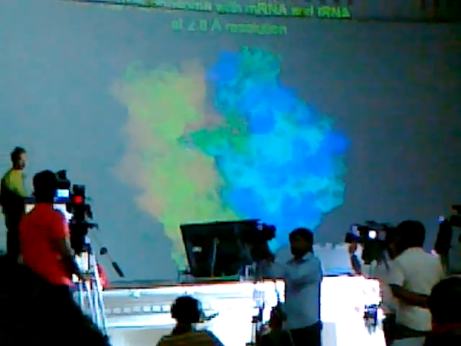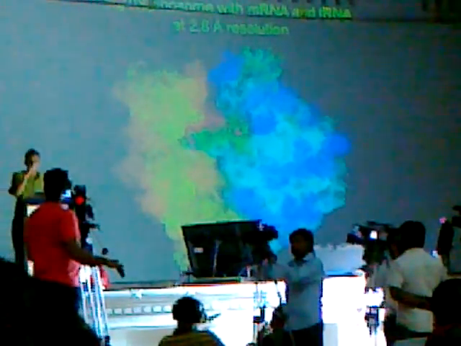Now here is a picture of the entire ribosome that we saw in 2006 with the tRNA and the mRNA ligands bound to atomic resolution. Now this brings me to the idea of how you could recognize antibiotics. I started off with antibiotics and how they bind to the ribosome.